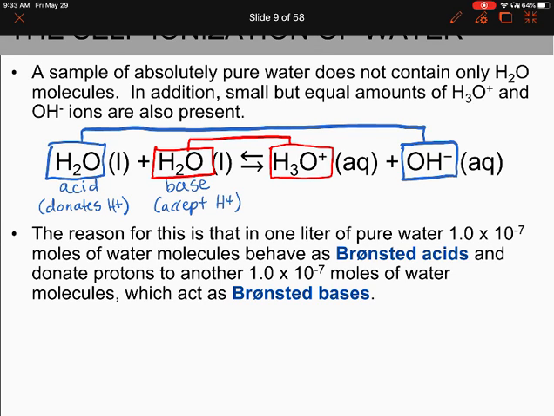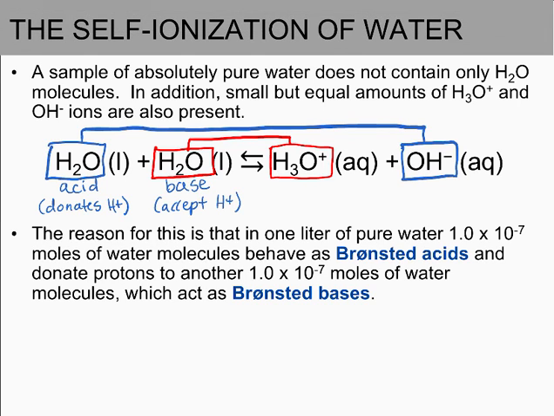So H3O plus, if we go in the reverse direction, could act as an acid and give up that hydrogen ion. So that would be our conjugate acid. And then OH minus would be the conjugate base because it could accept a hydrogen ion.